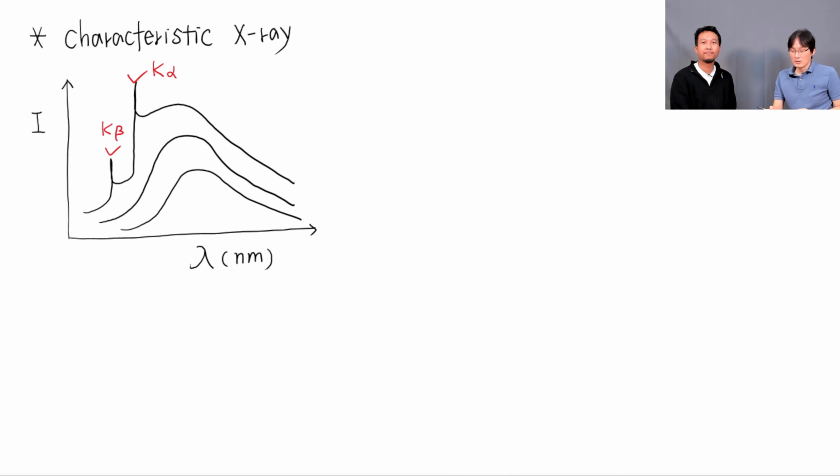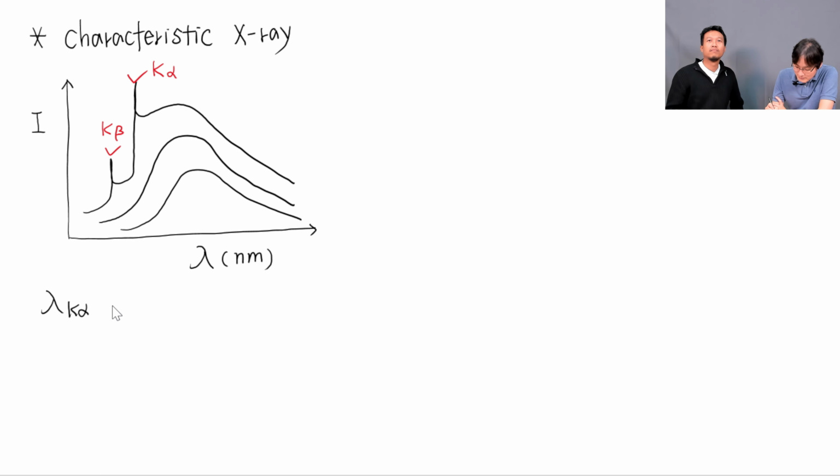Can I give some examples of the K alpha value for several metallic materials? Starting from copper, chrome, cobalt, and molybdenum also. Let me write the wavelengths of K alpha.